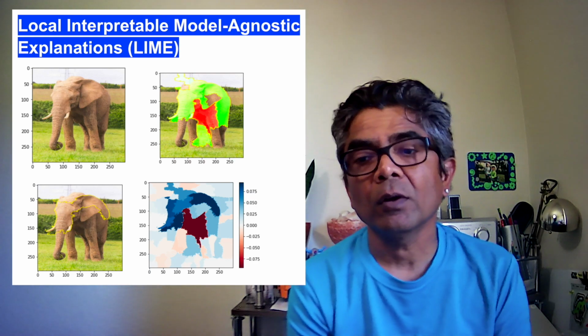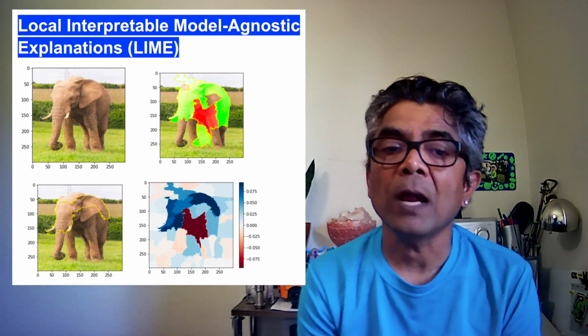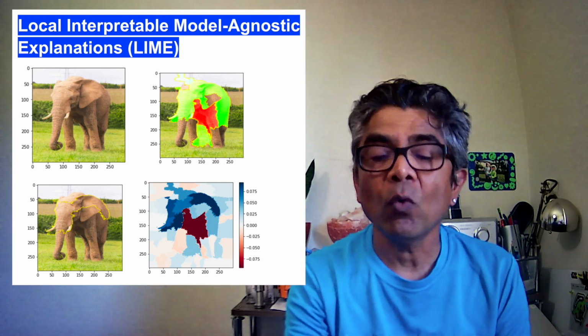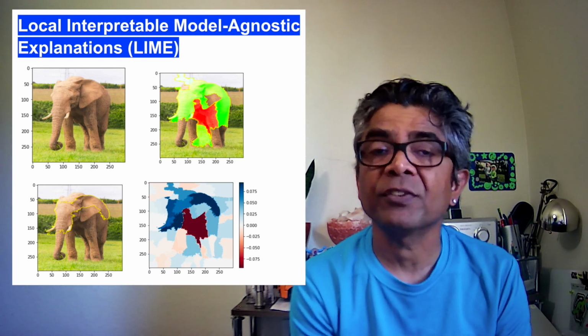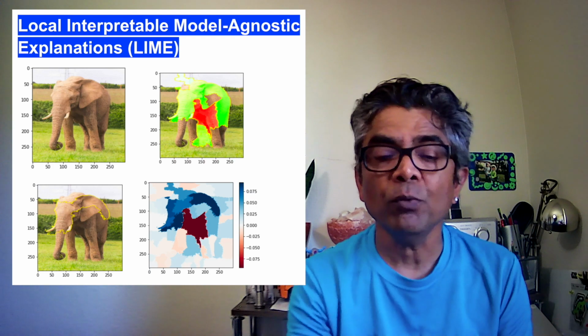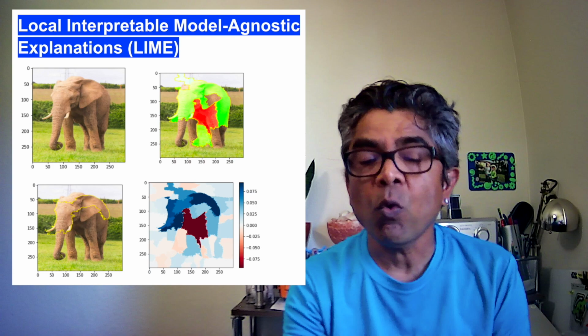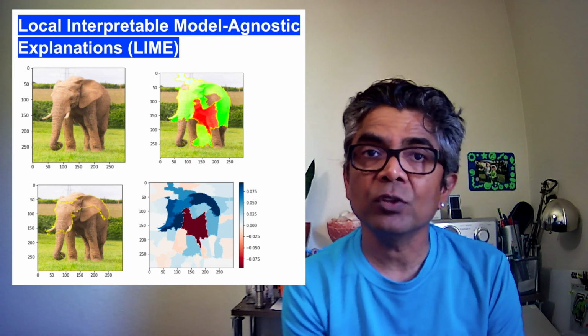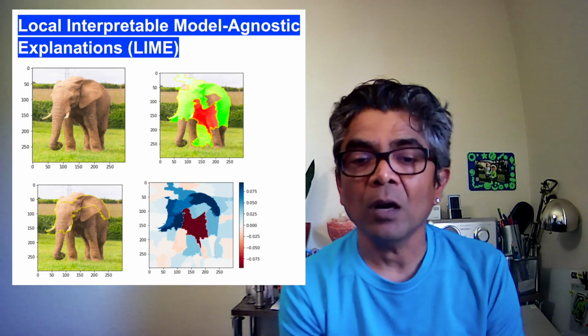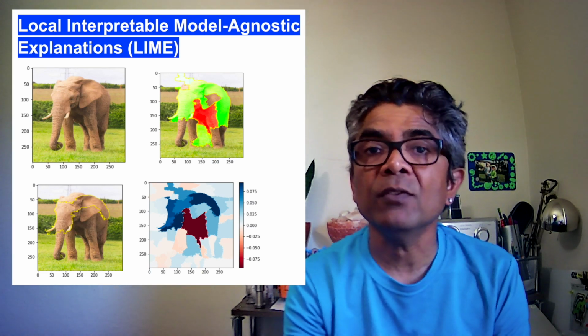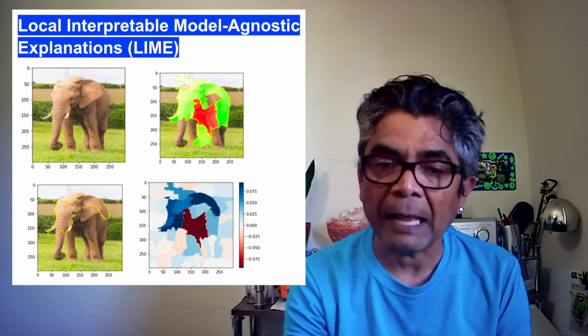So here you could see how an elephant was predicted as an elephant through a series of step-by-step processes to generate the explanation for the result, and what particular image sections were highly responsible for predicting that a given image belongs to a certain class.